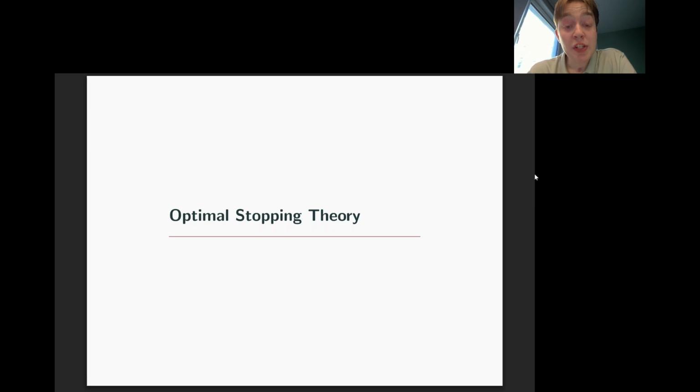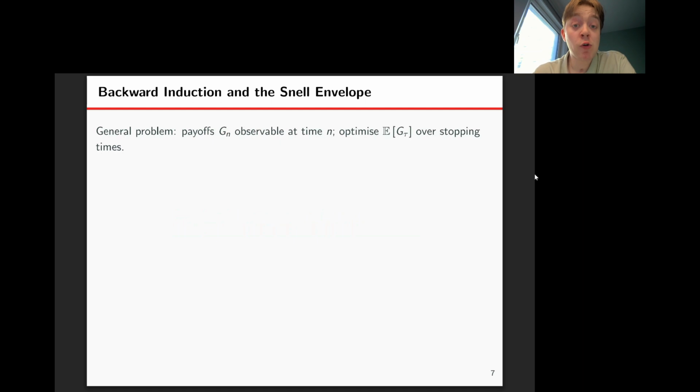To answer some of the questions in the previous section, we need some optimal stopping theory. The general optimal stopping problem involves these payoffs Gn that we see every day, and we can only observe payoff Gn at time n. The goal of the problem is to optimize the expected payoff over all stopping times.